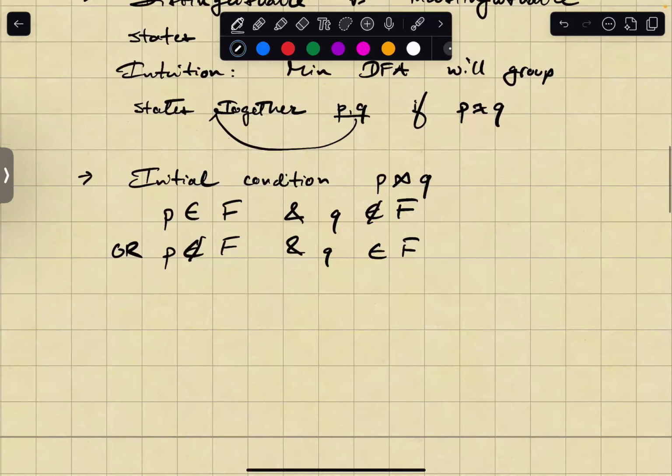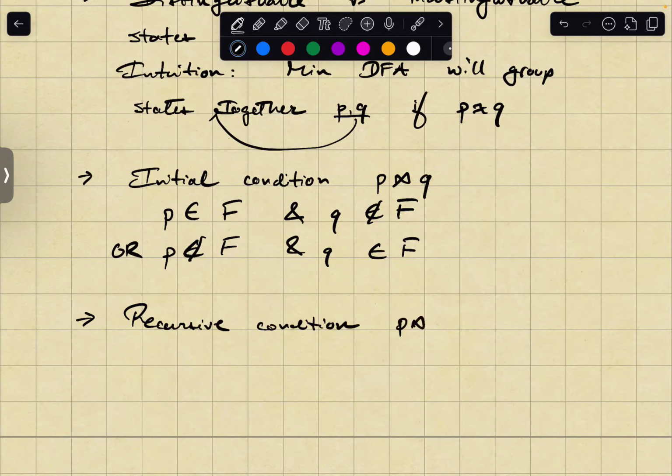And then the recursive case, the recursive condition, is that P and Q are distinguishable if, supposing they're both non-accept states or both accept states, that doesn't necessarily make them indistinguishable.